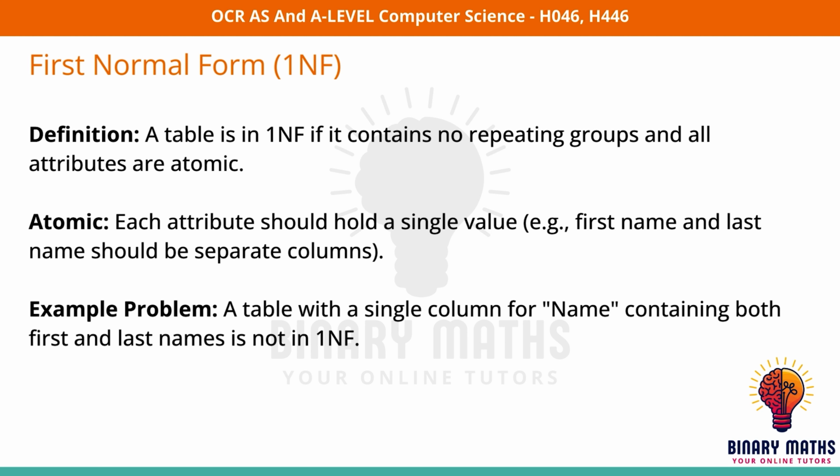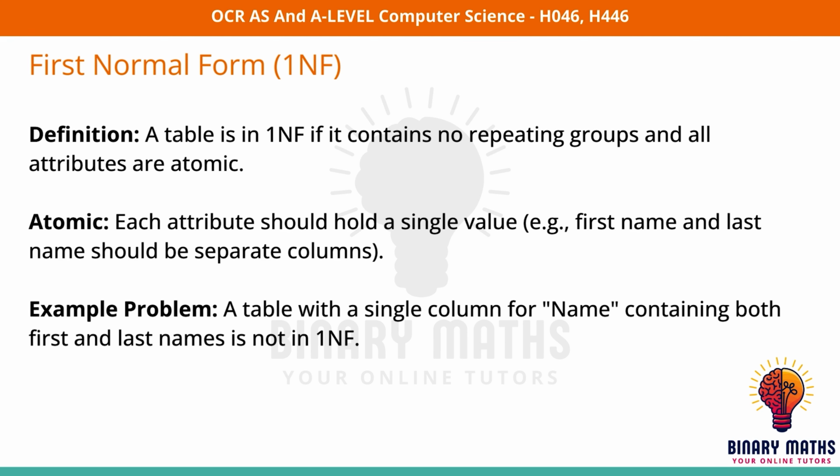A table is in first normal form if it contains no repeating groups and all attributes are atomic, meaning they can't be broken down further. For example, if we have a column for name that stores both first and last names, it's not atomic.